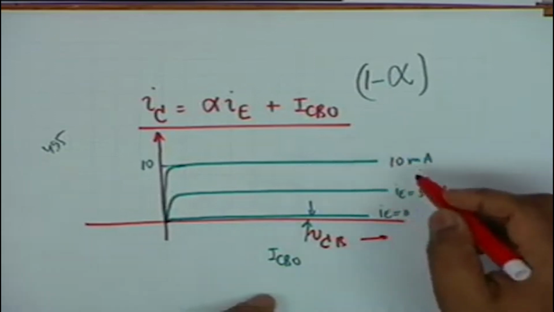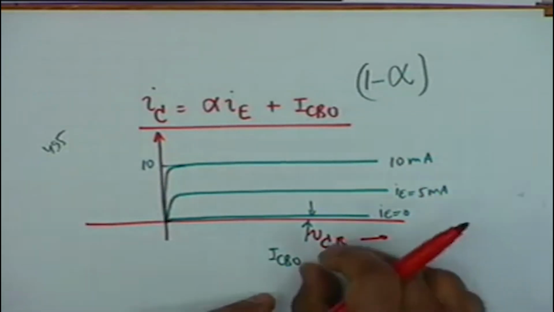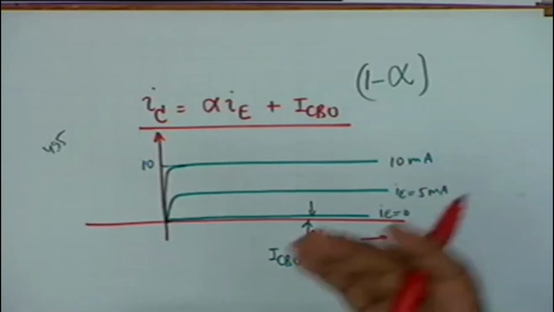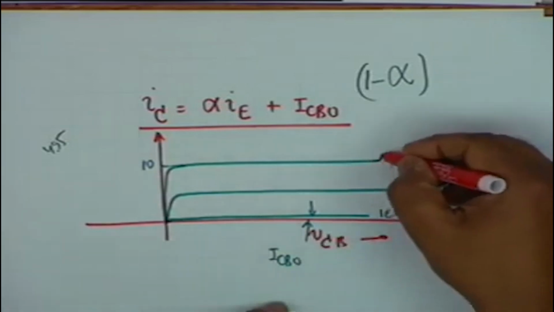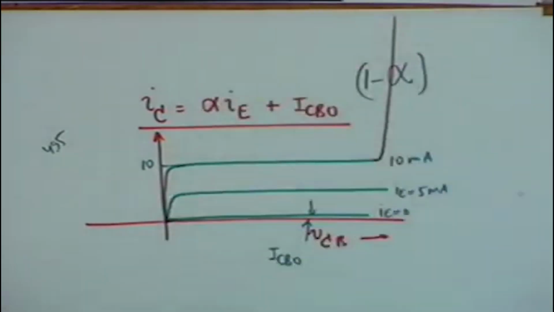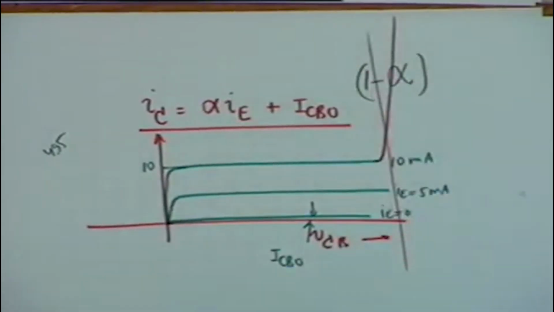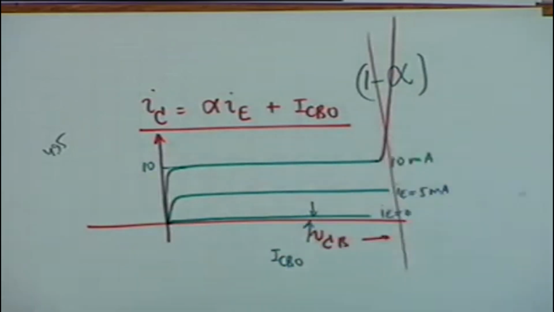If the collector base voltage is a reverse voltage, mind you, if it goes on increasing, then somewhere or other one of the two, either Zener or avalanche, shall take over, and then the current shall rise like this. One never goes to this region. Why? Because of the power dissipation capability.